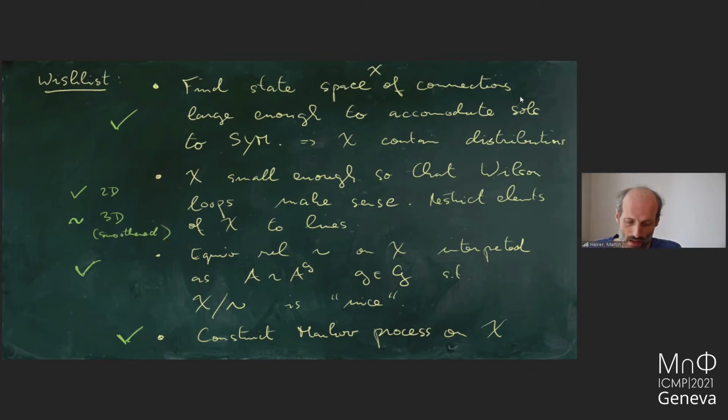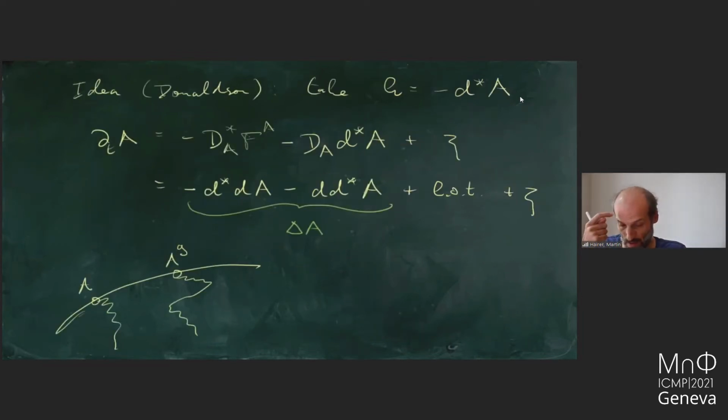The reason why everything breaks down in 4D is that dimension 4 is really critical for this equation, in the sense that what I wrote as lower order terms here are not lower order anymore.